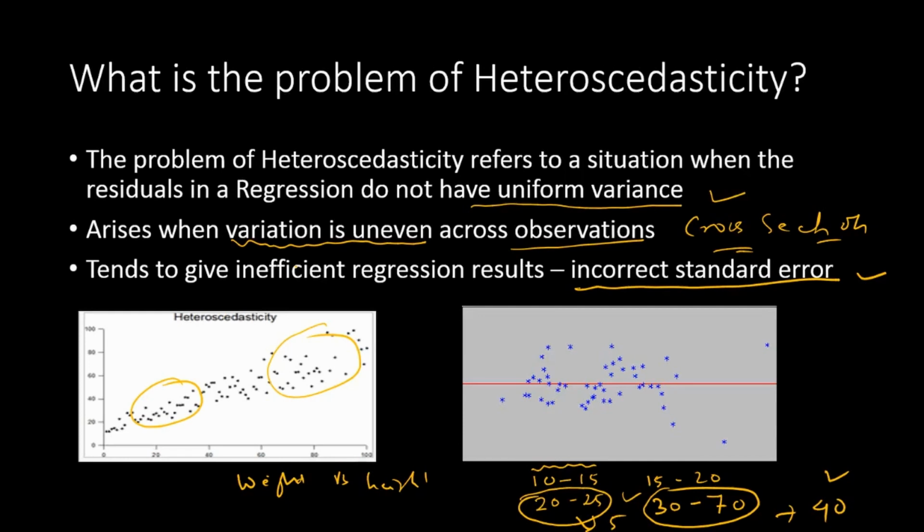So chances are your heteroscedasticity is present when you have outliers lying on both sides of this particular line. One of the best ways to detect heteroscedasticity is to create this plot and see how the observations are distributed.